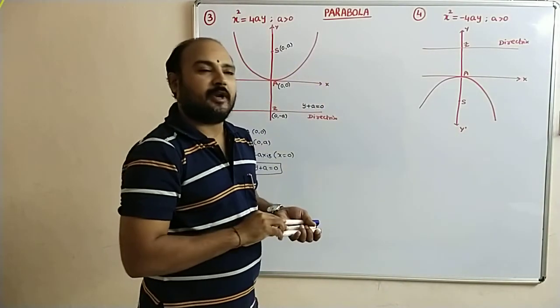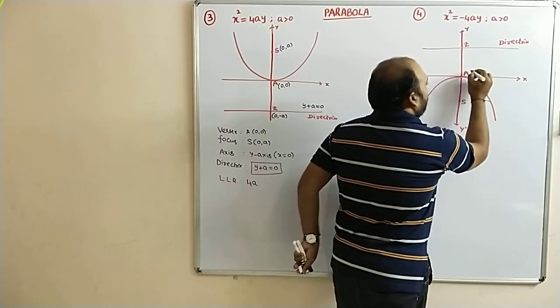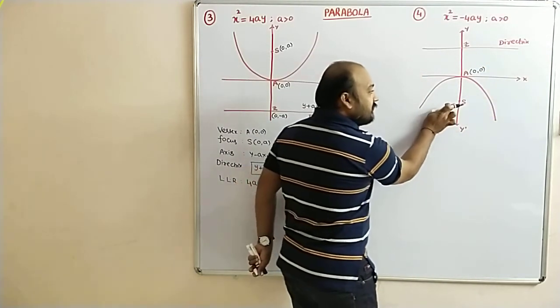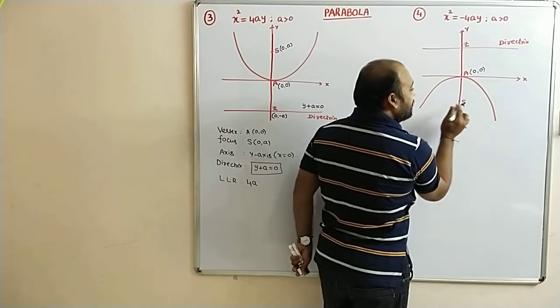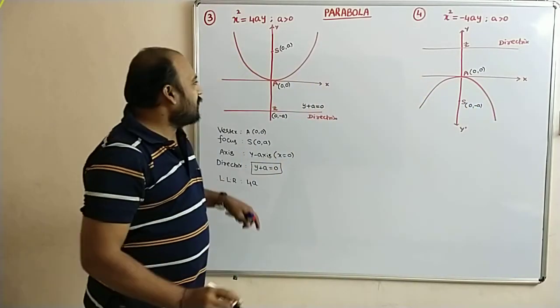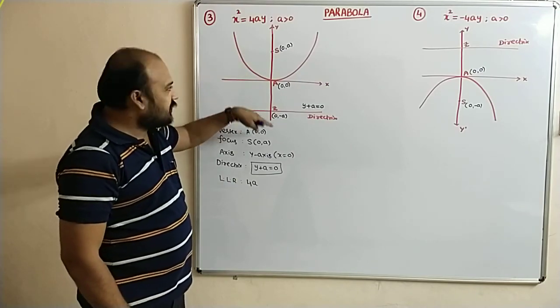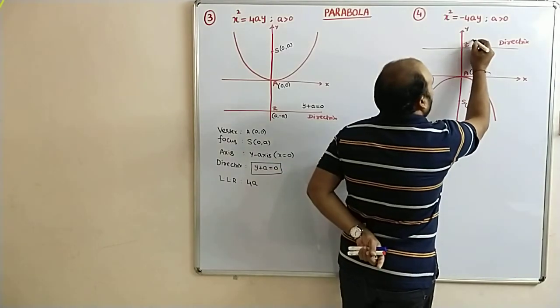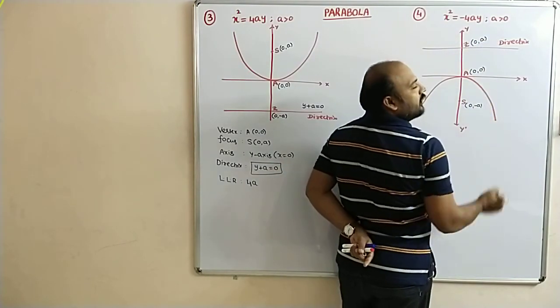Now we will write the coordinates. A is the vertex of the parabola, that is 0, 0, and the focus which is below the x-axis at a distance of a units. So 0, minus a. The information of S and Z will be interchanged for these two parabolas. Z coordinates will become 0, a.